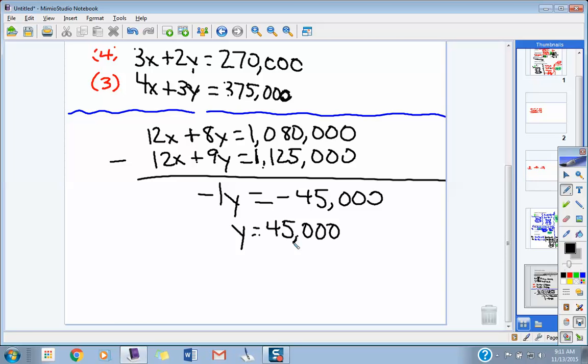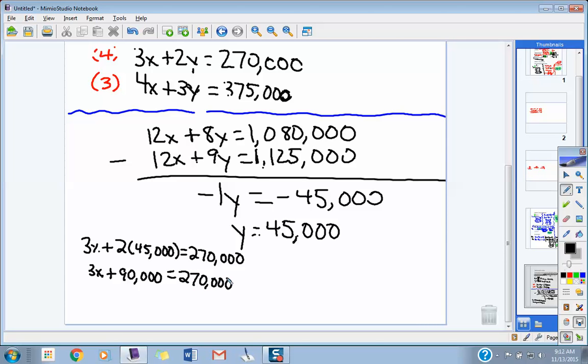I'm going to go 3x plus 2 times 45,000. This should equal 270,000. All right. When I multiply 2 times 45,000, you have 3x plus 90,000 equals 270,000.